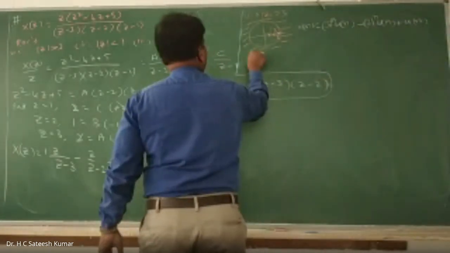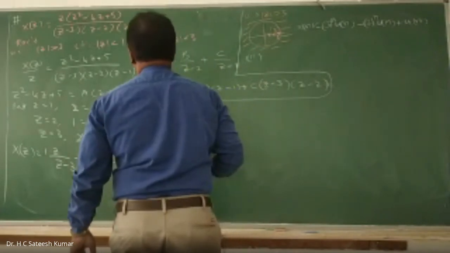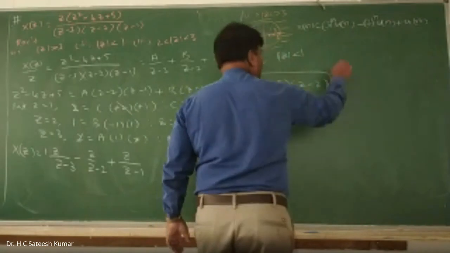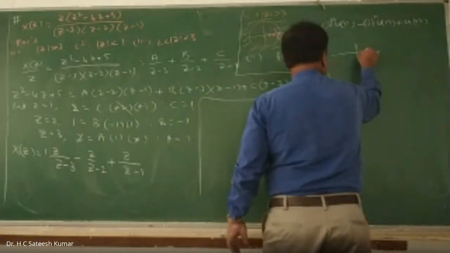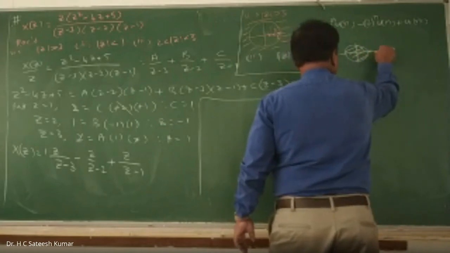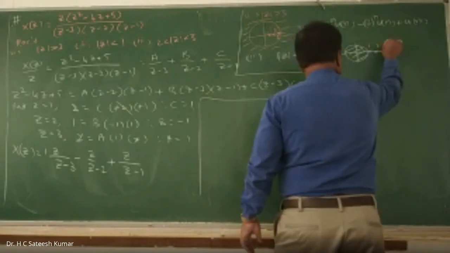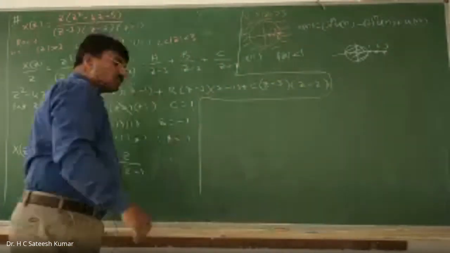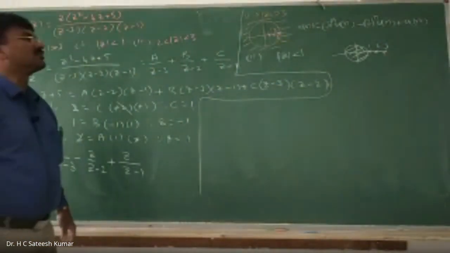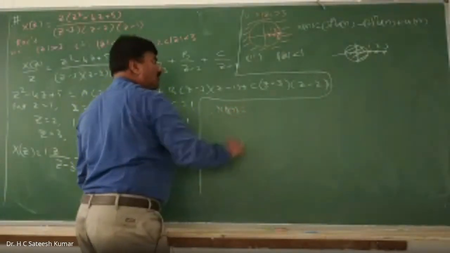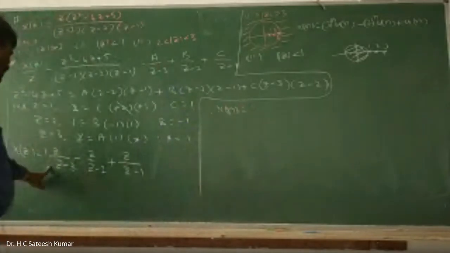Second ROC. What is that we have? Mod z less than 1. Mod z less than 1 is what? Inside. This is the ROC. Where are the poles? 3 poles, 1, 2, 3. If the pole radius is greater than the ROC, it leads to what? Left-handed sequence. Therefore, x of n is what? All of them are left-handed sequences. You take it from the table.